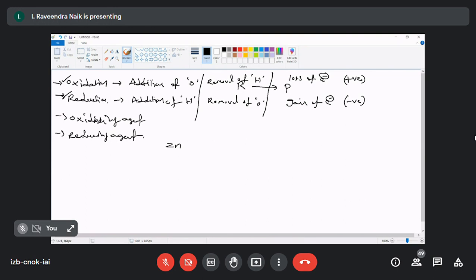But addition of hydrogen, removal of oxygen, gain of electron is reduction. But in a balanced equation, we find out which undergoes oxidation and which undergoes reduction.